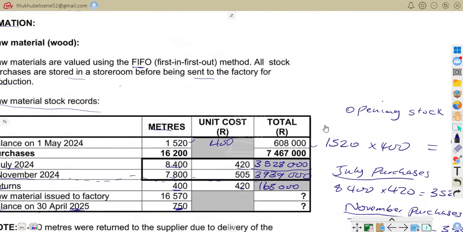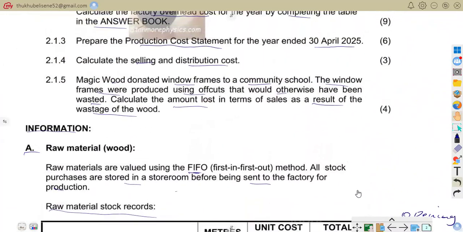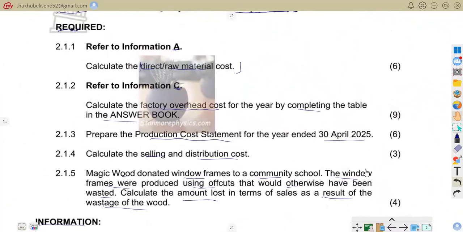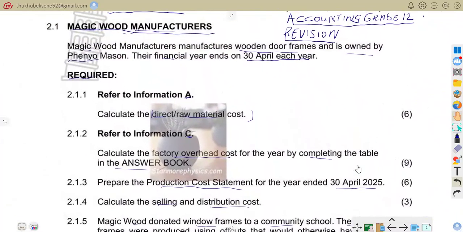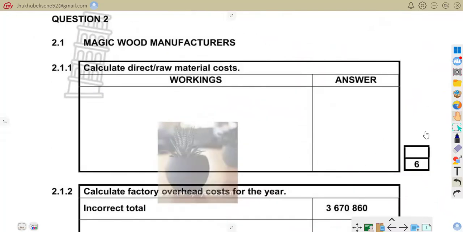So now we can go to our answer book and write them in our answer book. Remember, we are asked to calculate direct raw materials.